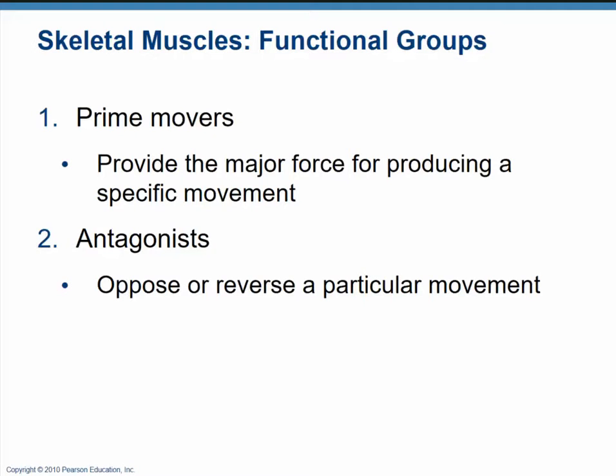So the first thing we have to look at in skeletal muscles is, what do muscles do? And they do four things. One is they're the prime movers. They provide the major force for producing this specific movement. So, for instance, the prime mover of elbow flexion is a muscle called brachialis.